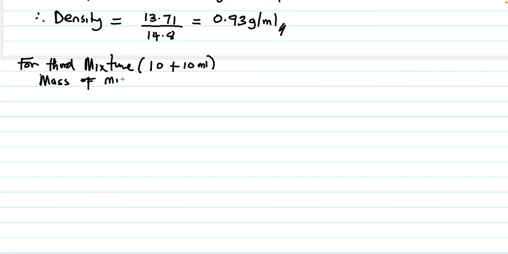So the mass of the mixture is equal to 17.5 grams. Now the volume of that mixture is 19.8. Once again, this is the actual volume, right? The expected is 10 plus 10, which is 20. But when you mix it in real life, you're not going to get 20. Obviously, you're going to get something less than 20, even if by 0.1 or 0.01.